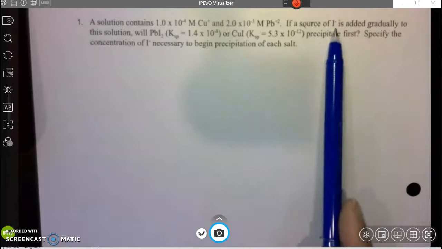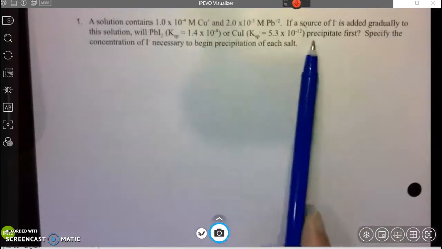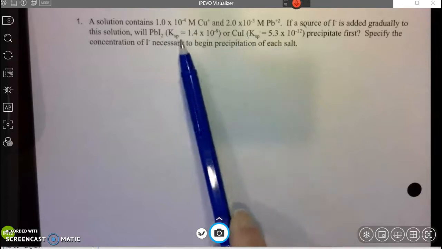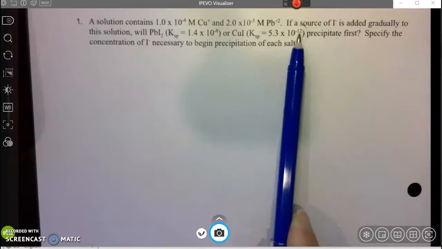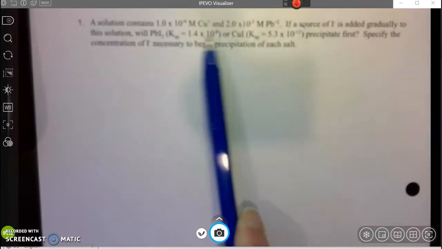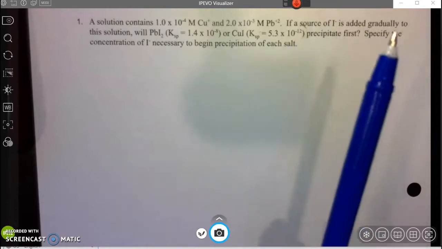If we're adding iodide gradually to the solution, which one is going to precipitate first? You might look at these and say, oh, this one probably is going to precipitate first because it has the lower solubility, but remember your number of ions are not the same, so you really should do the calculation for this one before you make that guess.